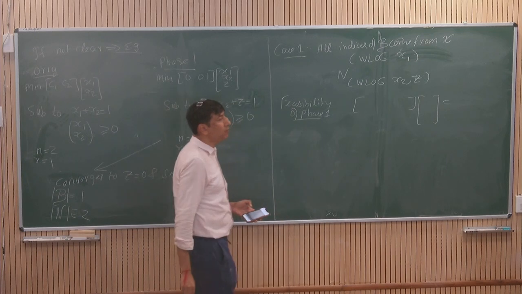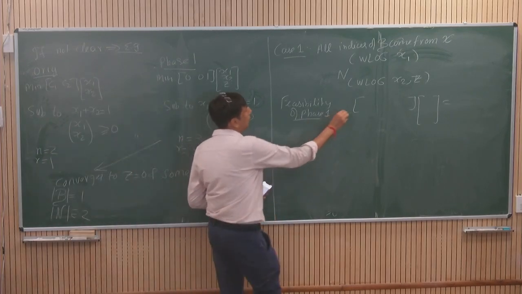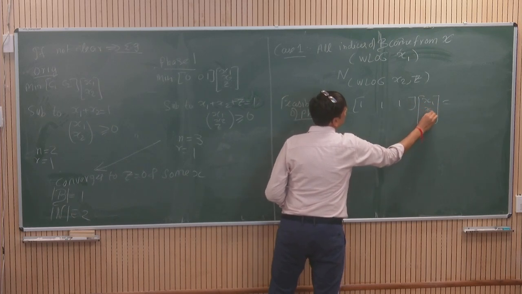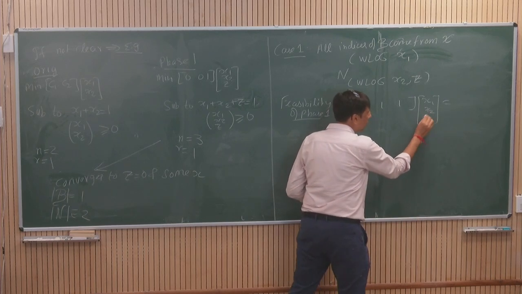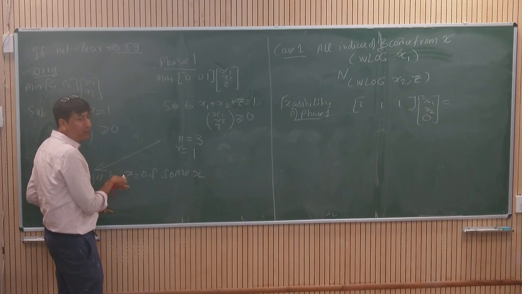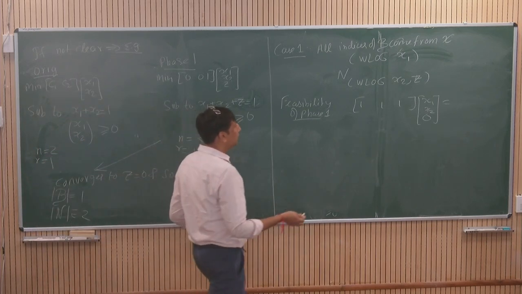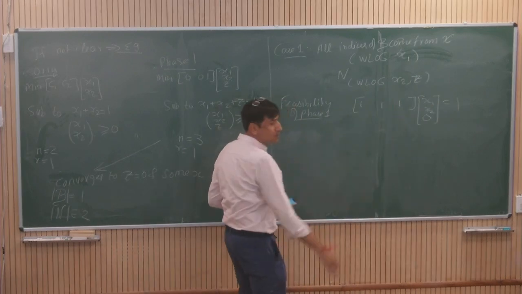What is the feasibility of phase 1? It is this equation. It is 1, 1, 1, times x1, x2 and 0. That's important, no? That is why we did all the work in solving that problem. If we are not solving to z equal to 0, then there is no point. This is equal to 1. The b remains the same.